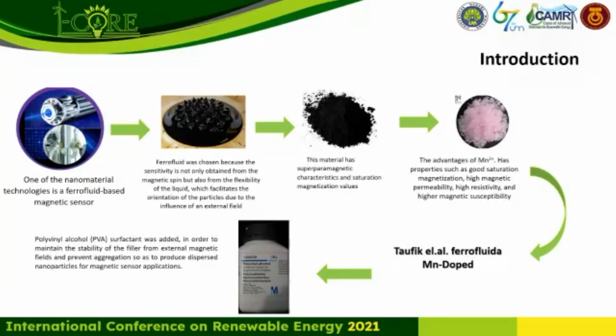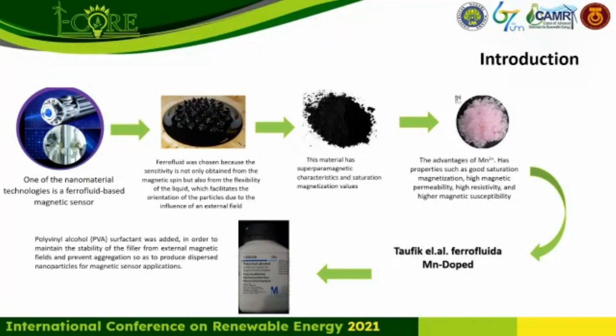Magnetite-based ferrofluid as a magnetic sensor application still has weaknesses such as non-uniformity and weak stability. Based on Taufik et al., the stability of ferrofluid with magnetite filler has not been maximized, with the presence of aggregation.